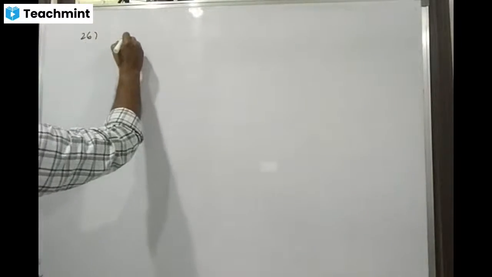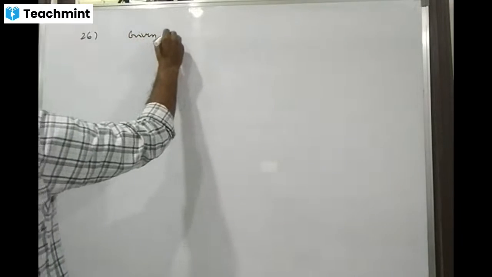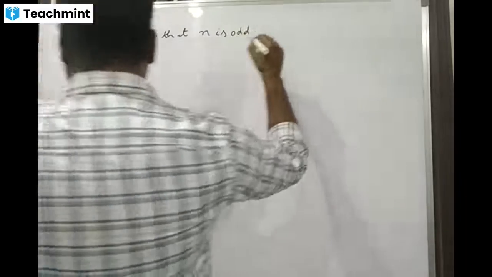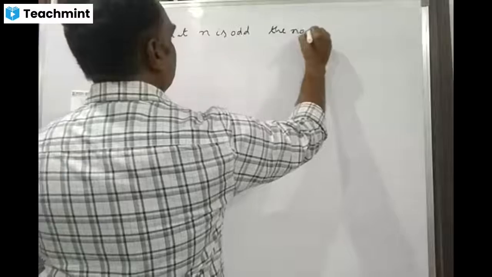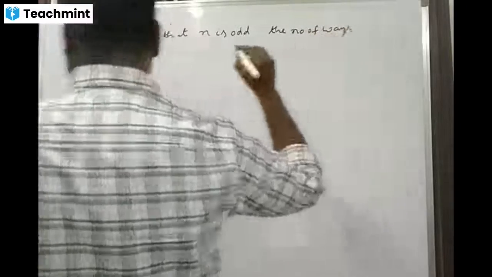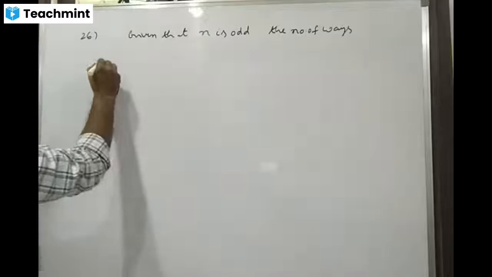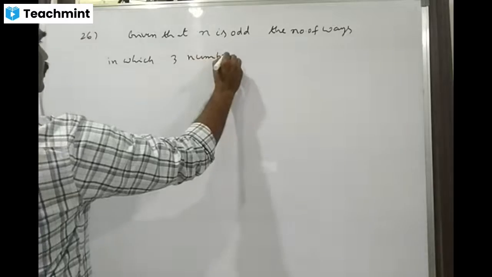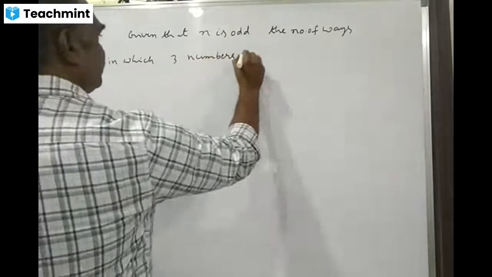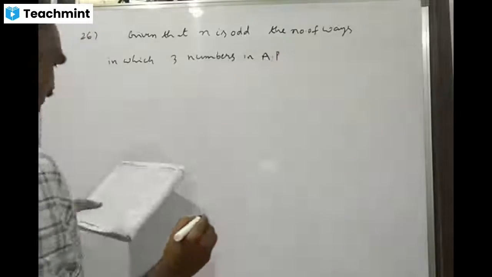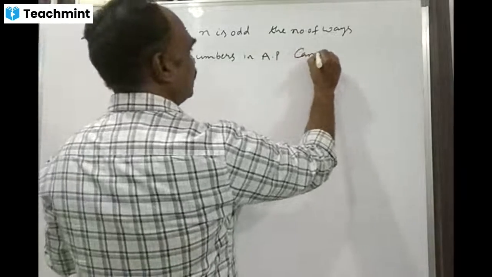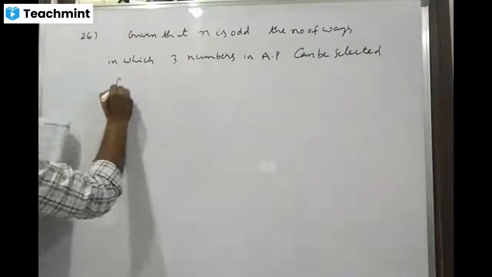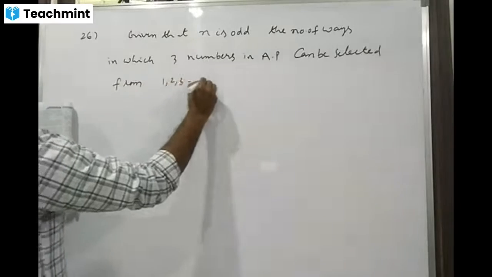Given that n is odd, the number of ways in which three numbers in AP can be selected from 1, 2, 3, up to n.